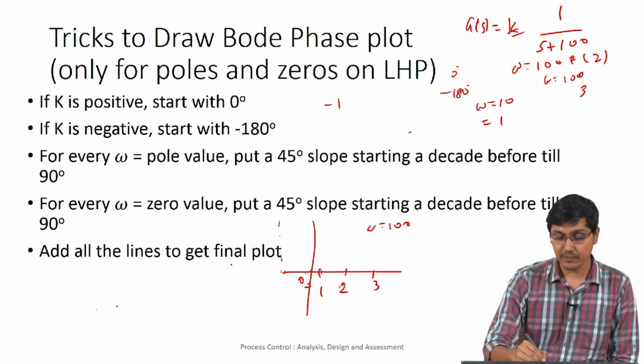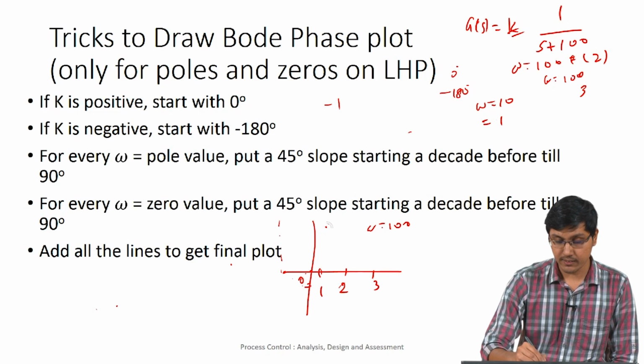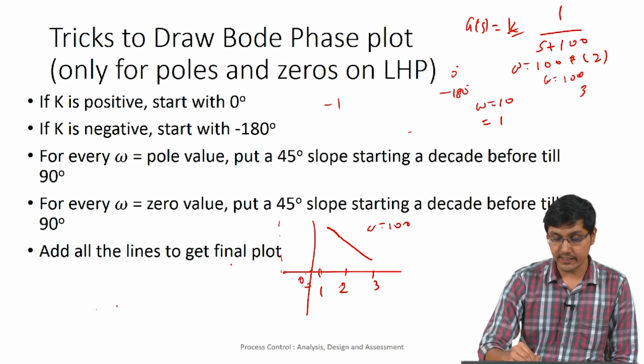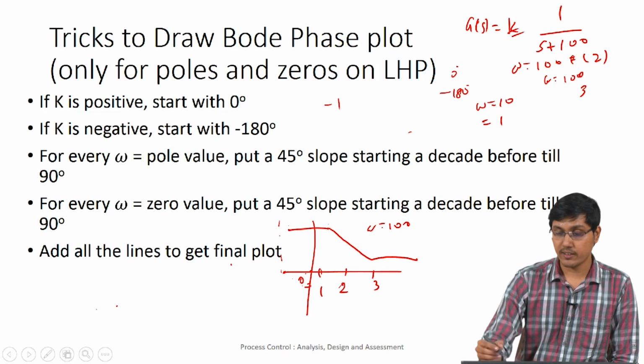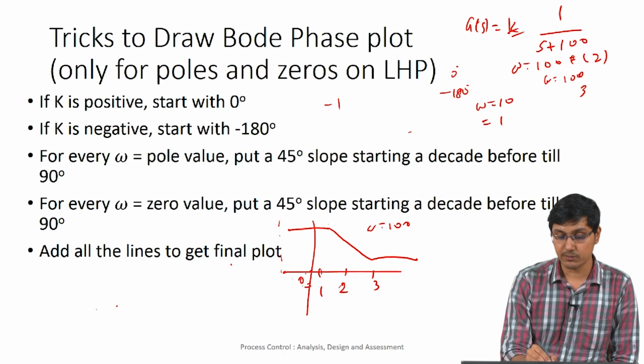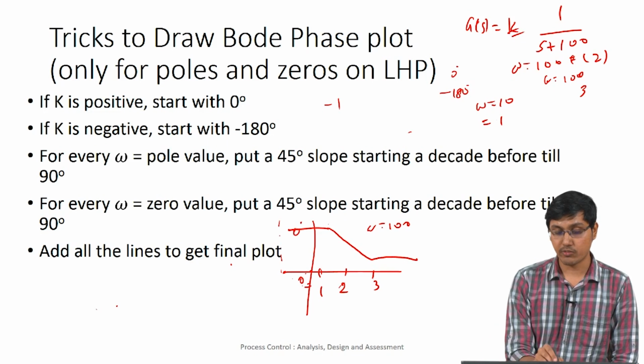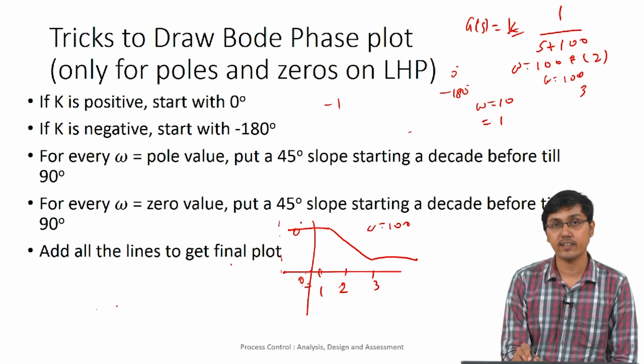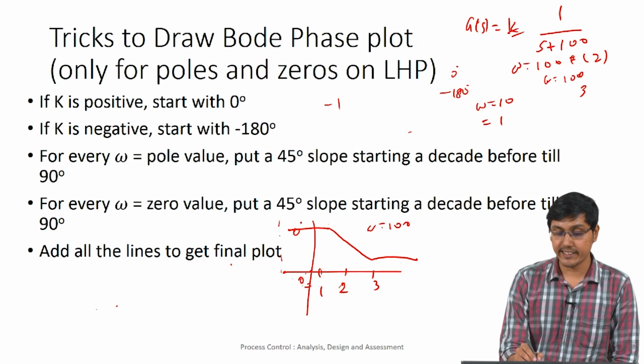So the phase will be falling at 45 degrees from here until here, and then it will become flat here. This particular transfer function has a k of 1, or positive, so this starts at 0 degrees. From 0 degrees it will go down here, and then after 90 degrees it will saturate.